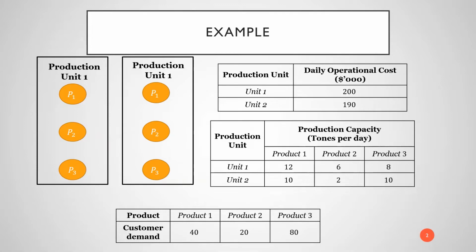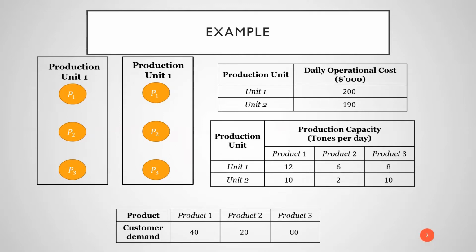For example, unit number one has a daily operational cost of 200,000 and unit two has 190 daily operation costs. Production unit number one has the production capacity of 12 tons per day for product number one, and unit two has the capacity of 10 for this product.